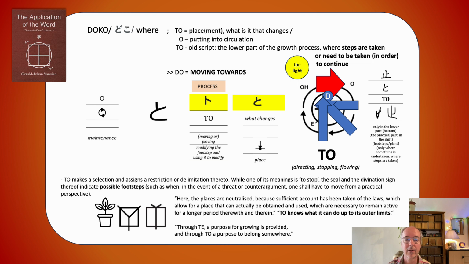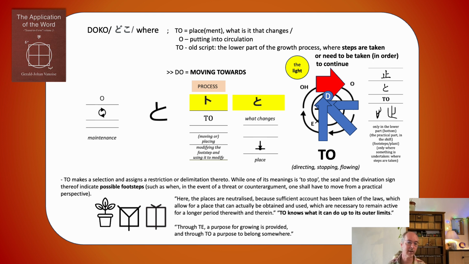It's the old symbol. To is compared to what is growing out from the roots, out from the plant. You can see that certain steps are taken to make a branch, make another branch, go in different directions and see and adapt.